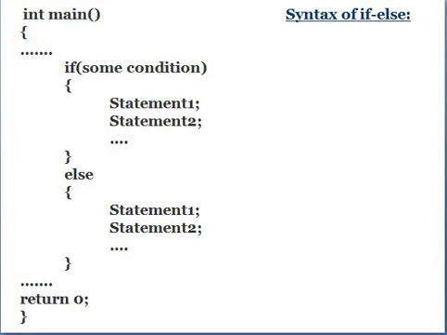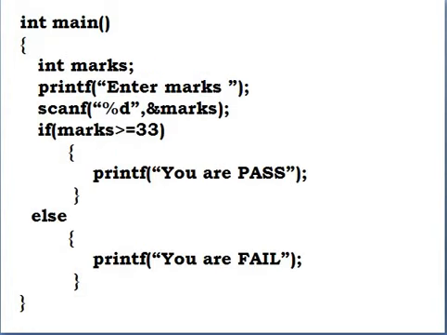Next is the example. Here the condition is going to be checked only in the if block, not in the else block. Here again we are going to print you are pass or fail. The condition is going to be checked along with the if block.